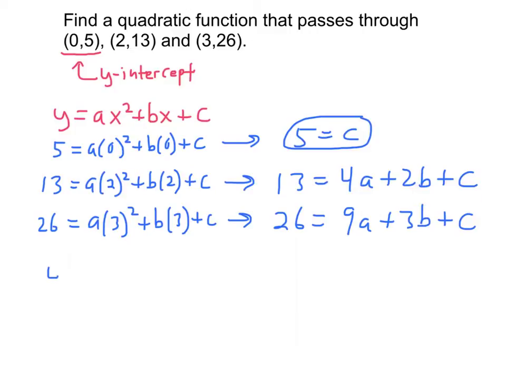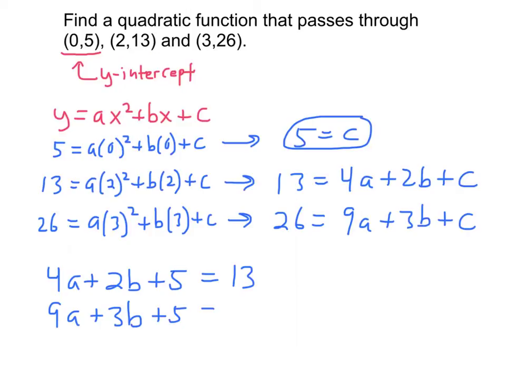So I'm going to write that down here. 4a plus 2b plus 5 equals 13. And for the other equation, we'll have 9a plus 3b plus 5 equals 26.